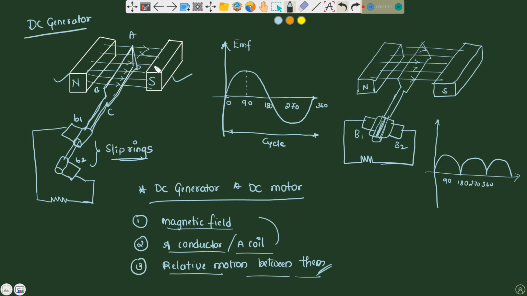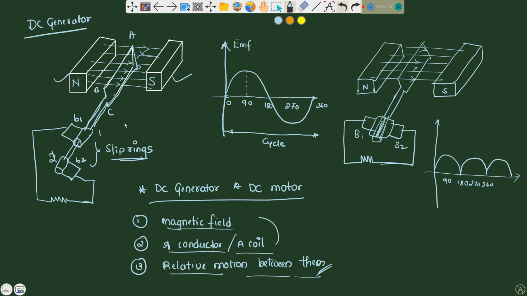The ends of the coil are joined to two slip rings. Let me call them 1 and 2. For these we have connected brushes B1 and B2, which are insulated from each other and from the central shaft.